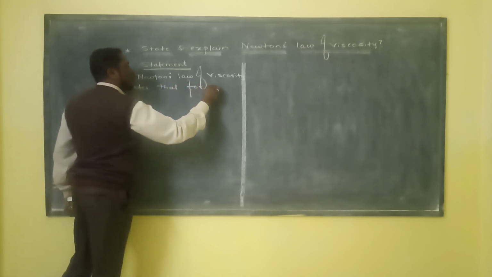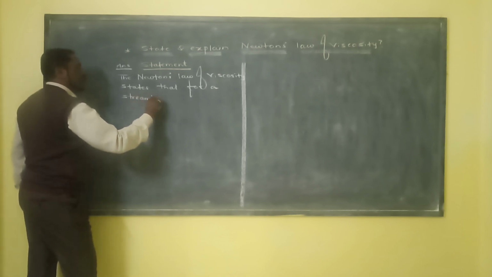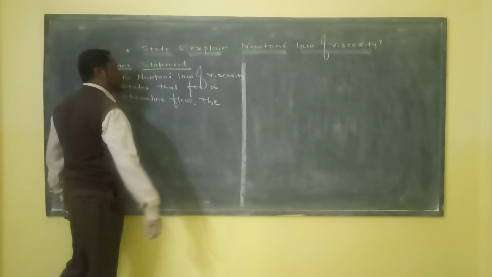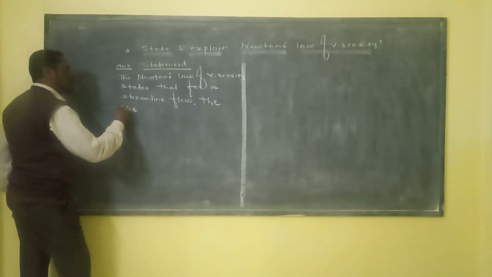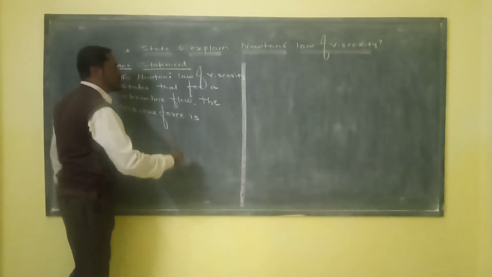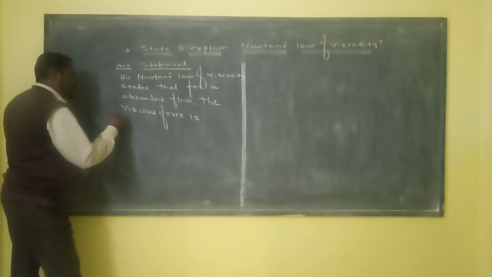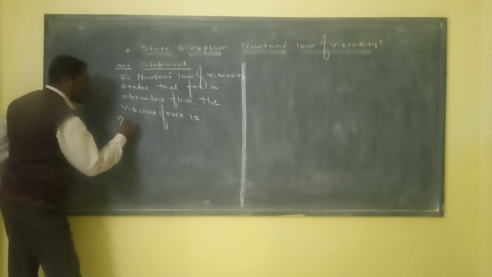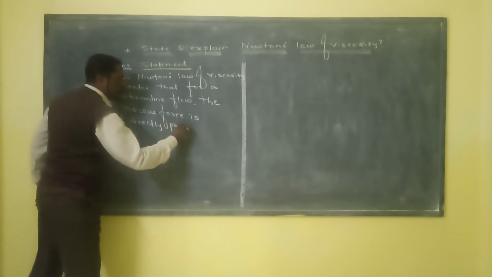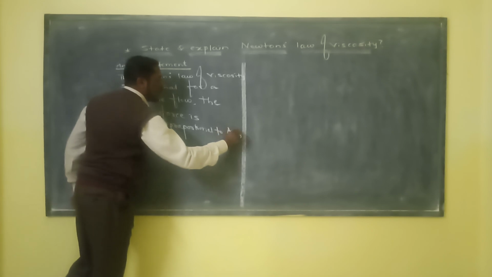that for a streamlined flow, the viscous force is, first point, directly proportional to area.